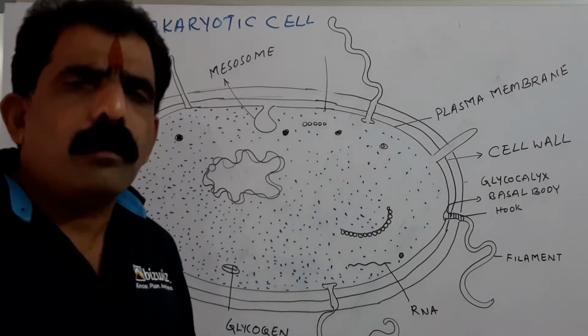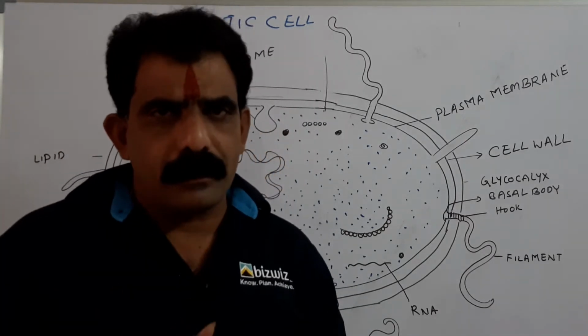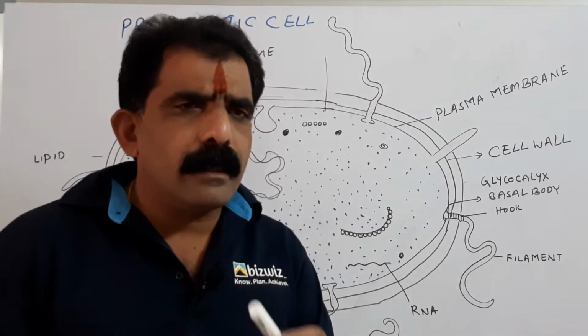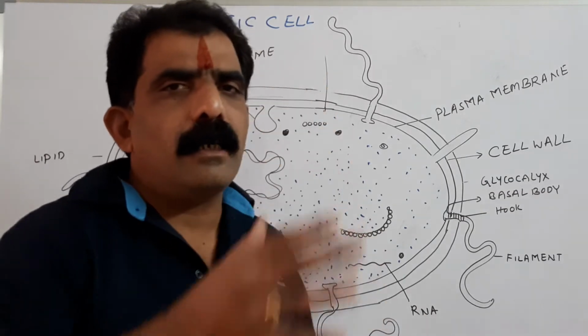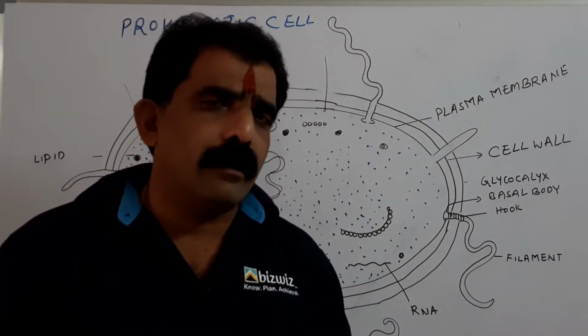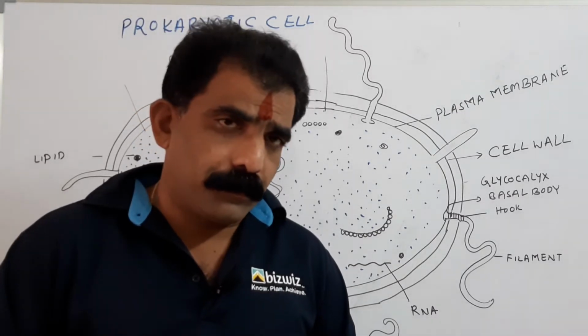What is a primitive nucleus? Primitive nucleus means unorganized nucleus. Only naked DNA is present, which is not surrounded by a nuclear membrane, and histone proteins are also absent.